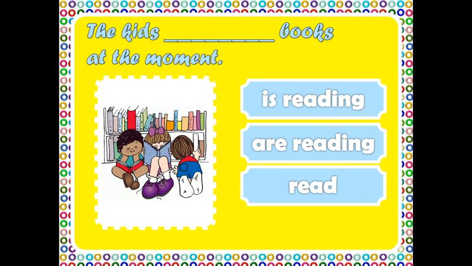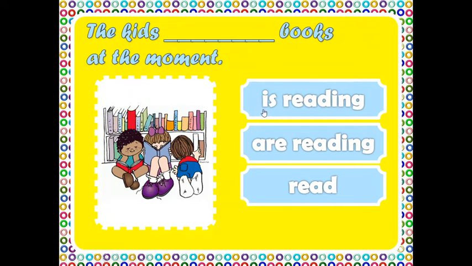Now let's continue. The kids, plural, the kids (blank) books at the moment. Okay? So, at the moment, what is this? What is this clue word about, the simple present or the present progressive? At the moment, because they are doing it now. So, the kid is reading.